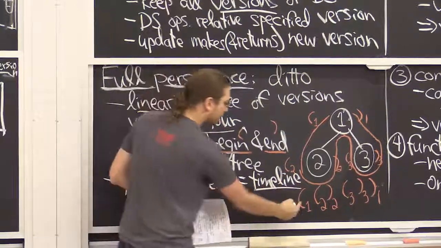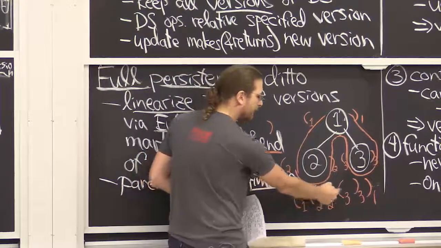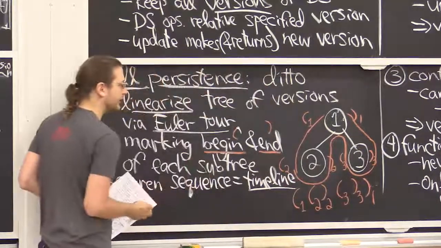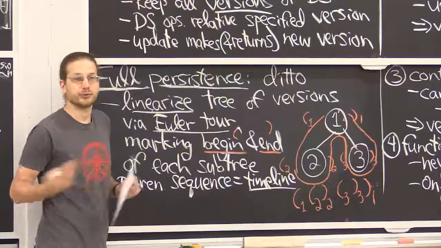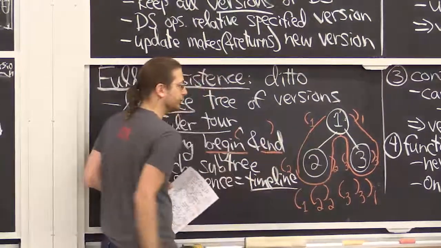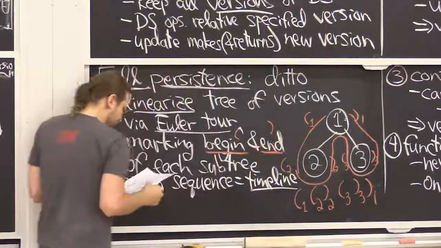I'm going to think of this as the first time, the second time, the third time, the fourth time, the fifth. This is my sequence of times. In general, my data structure is going to be working in terms of times, but it's easy to translate between times and versions, which is what I actually care about.